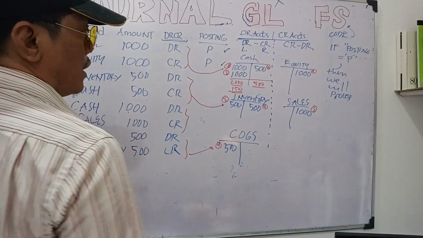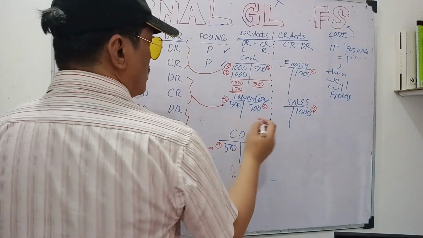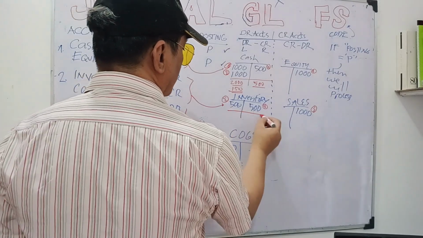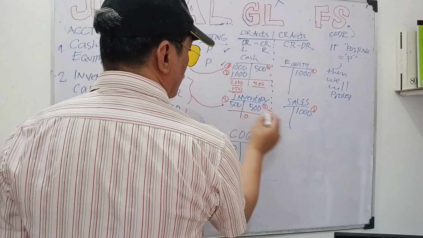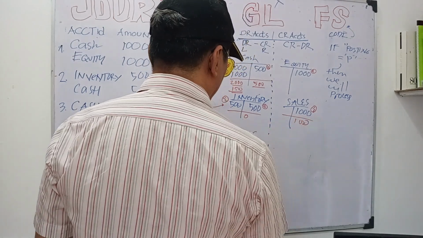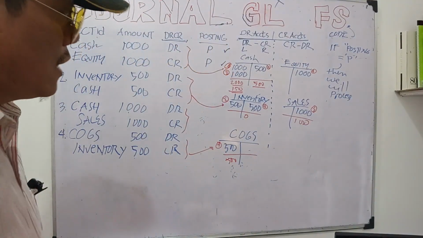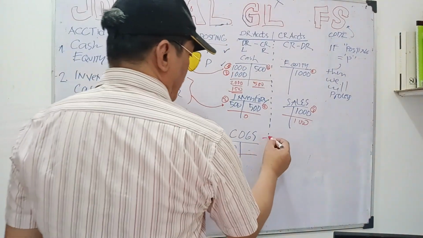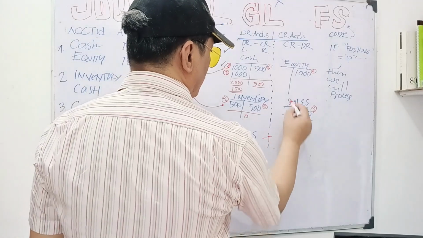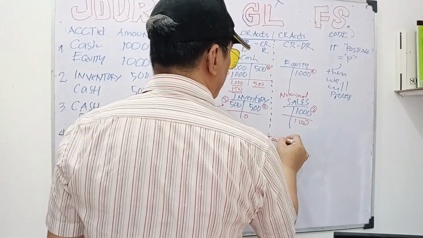For equity, just stay put for now. Inventory is zero. And for sales, you have 1,000 and 500 for cost of goods sold. As I said, these are temporary accounts or nominal accounts, right? Nominal or temporary, they are the same.